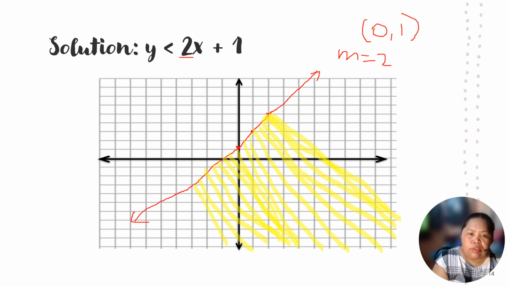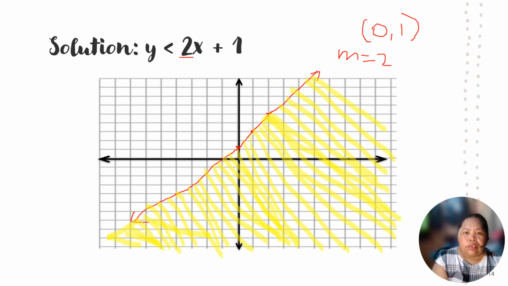Easy, easy. Okay, so I use a highlighter here so that I can cover the half plane. Okay, so I need to continue up to here so I can cover the half plane. Alright, that's it.